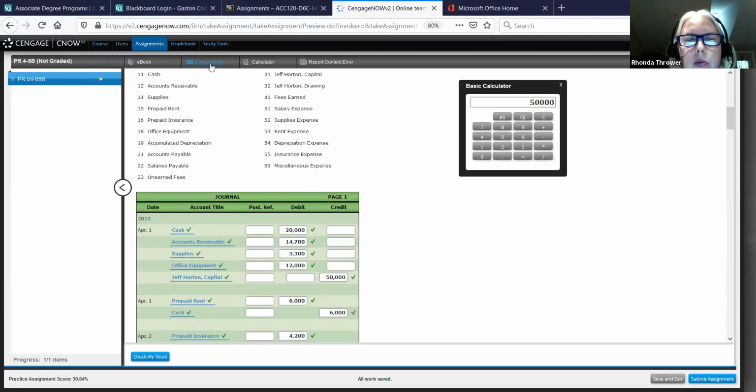So if you'll hold on with me, see if this thing is going to open up for me. Well, anyway, that's where you click on it to make it open up. I think it's just because we're in Zoom, it won't do that right now for me in real time. But you click on your spreadsheet and it should open up for you.